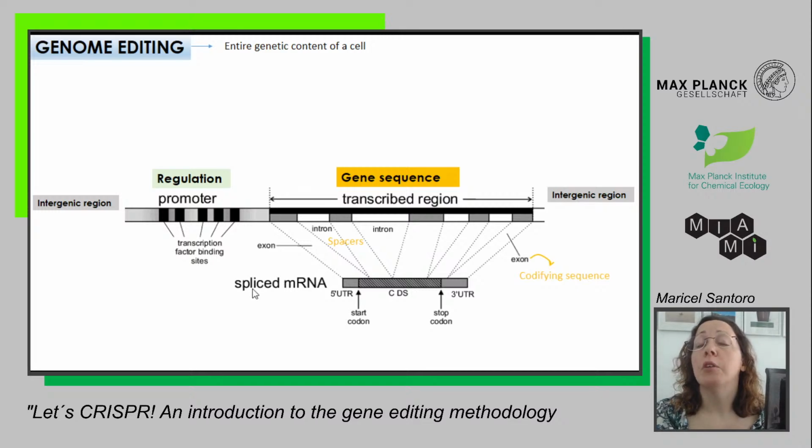This splicing, improving the sequence by taking out these spacers, can generate from one gene different CDS, so different products. For example, by not including an exon, or by avoiding the last exon. So from one gene, we can have different products. This is also one characteristic.